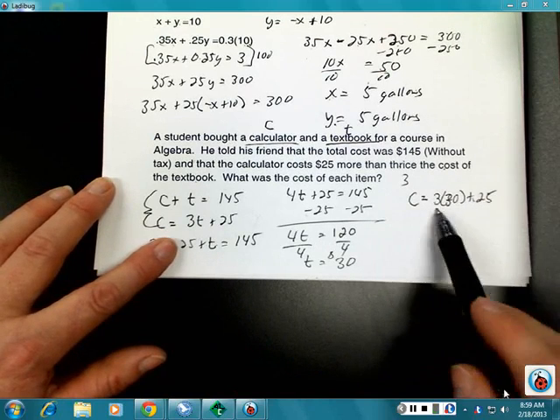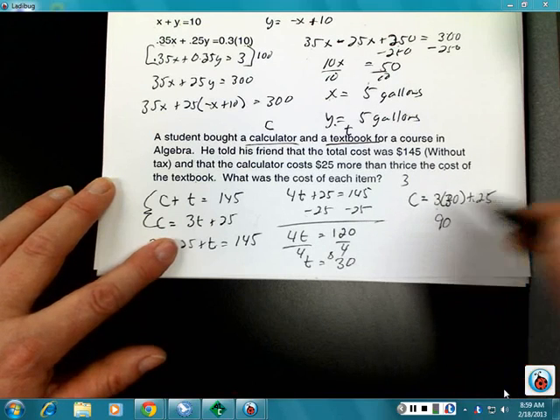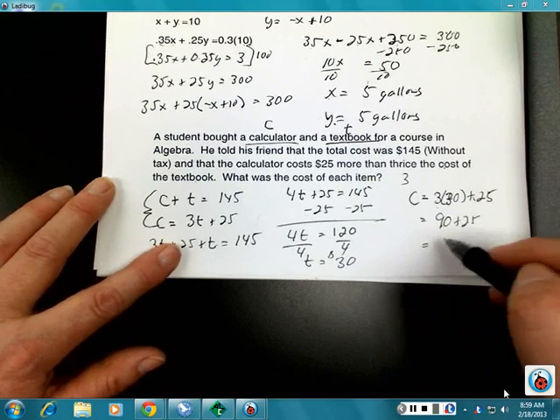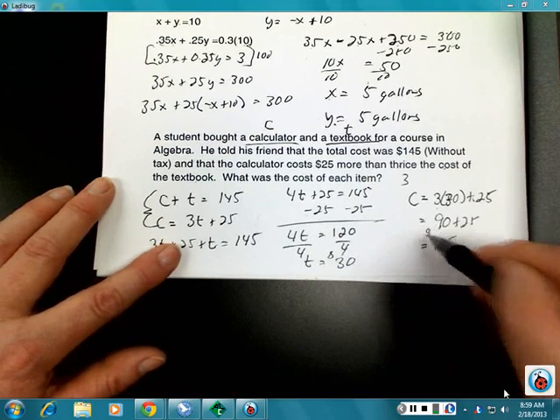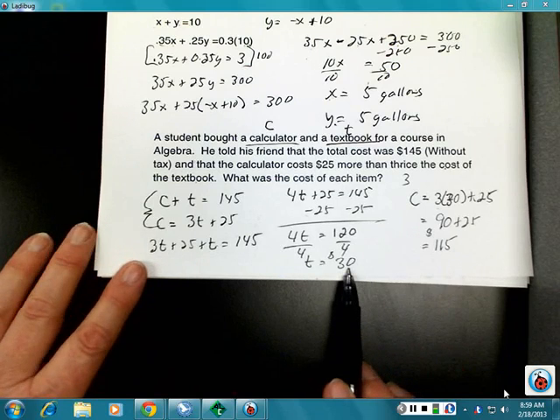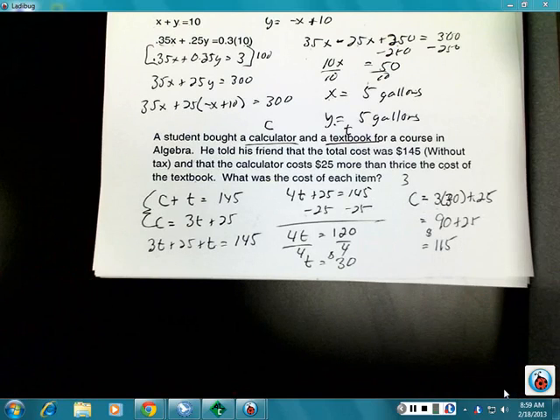So 3 times 30 is 90, and 90 plus 25 leaves me with 115, I think. And if I check it, 115 plus 30 is 145. So we did our calculations correctly. Okay on that one? Hopefully.